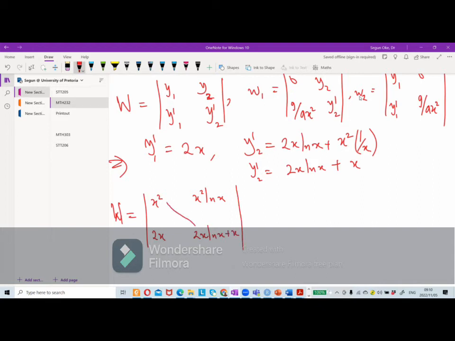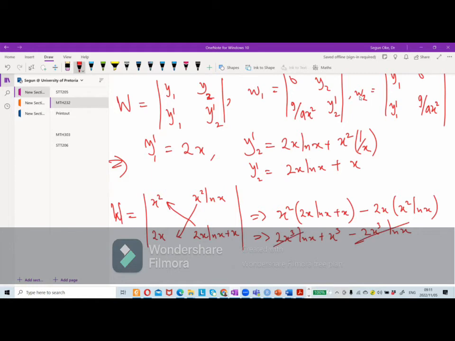So using the determinant theorem, we have x squared in brackets 2x ln x plus x, minus 2x into x squared ln x. We can open the brackets. I have 2x cubed ln x plus x cubed minus 2x cubed ln x. At the end of the day, this goes with this. So our W is equal to x cubed. Do we all agree?